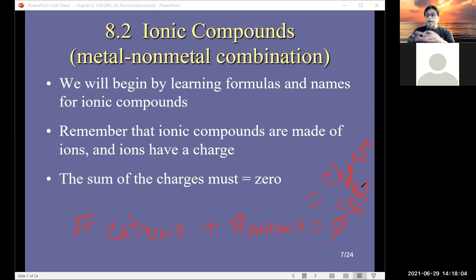Nine times out of 10, the charge is 0. But occasionally, you could have an actual charge. Okay. So the number of cations plus the number of anions must equal the overall charge of the molecule, which nine times out of 10 is generally 0.